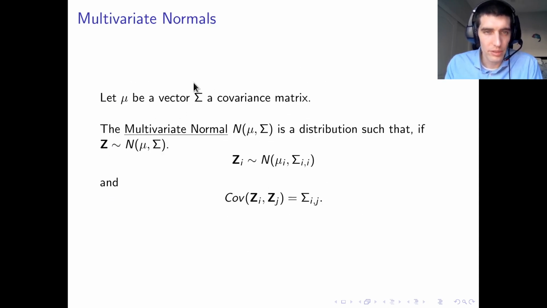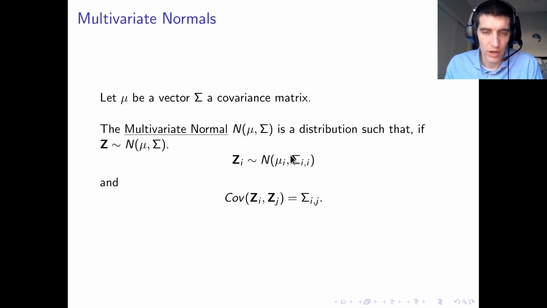Okay, so we have a covariance matrix sigma, a vector mu, and so with those in hand, we can define a multivariate normal distribution. What we give it is a mean vector mu and a covariance matrix sigma. It's a distribution such that if we have a random vector distributed multivariate normal with mean mu and covariance matrix sigma, what it means is that Zi, the ith element of the vector, is distributed normal with mean mu i and variance sigma ii, right?